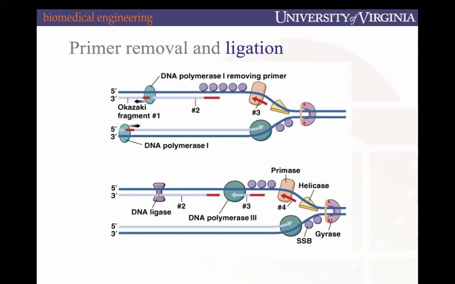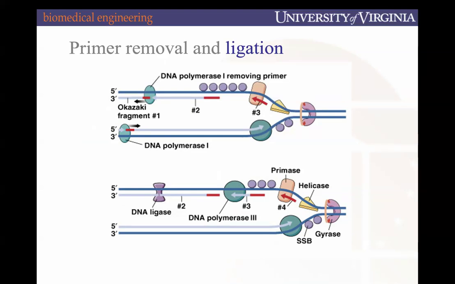And so the top half here is meant to depict DNA polymerase 1 removing the RNA primer in red and replacing it with DNA. And then what's really key to note here is that the name of the enzyme or class of enzymes that are responsible for ligation, joining them together, is called DNA ligase.